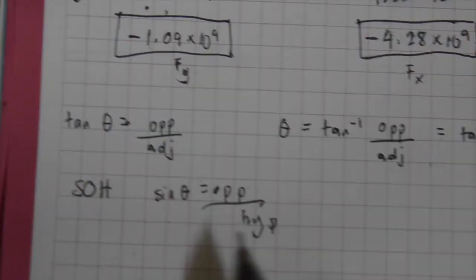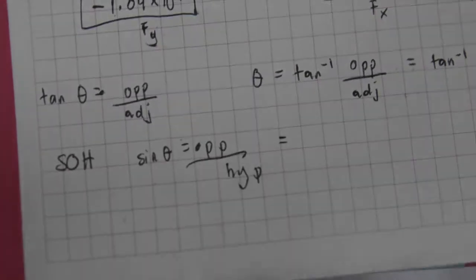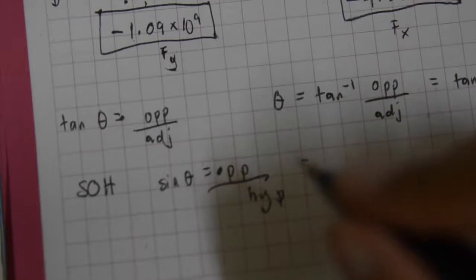So that's sine theta equals opposite over hypotenuse. We already know that, since the angle is against the horizon, the opposite will be the vertical value.